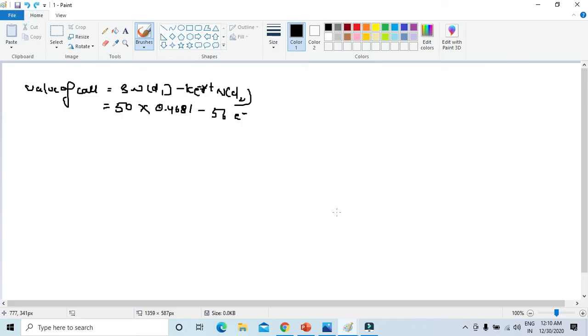It has been given in the question as 10%. So over here it will be RT, and then what is the value of ND2 we got just now?